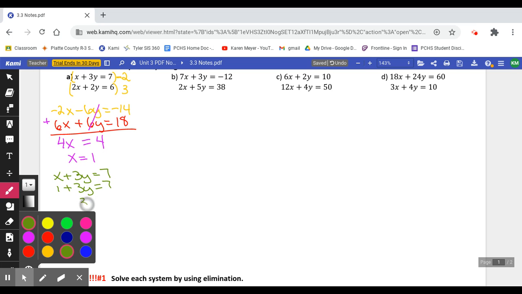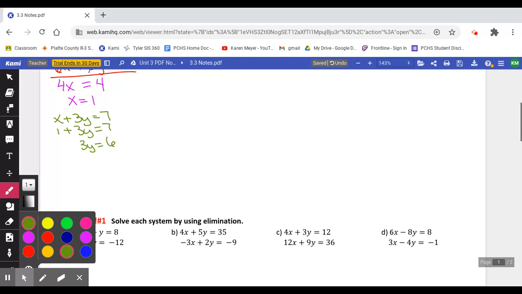Subtract the 1 over, so 7 minus 1 is 6. Then divide by 3 and you get the answer of 2. So remember, write your final pair as an ordered pair, x, comma, y. So 1, comma 2.